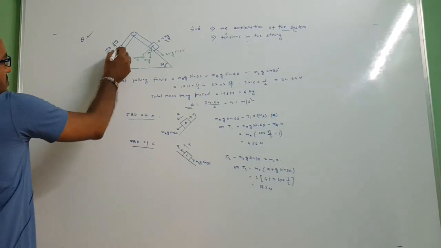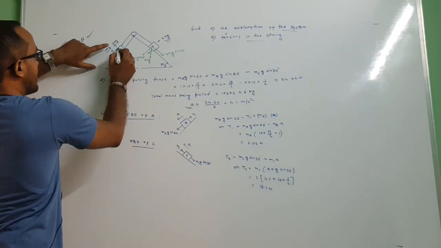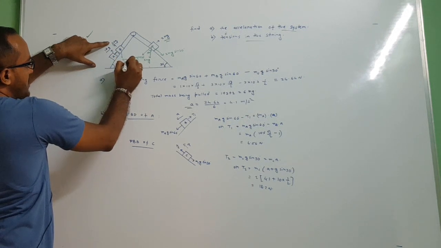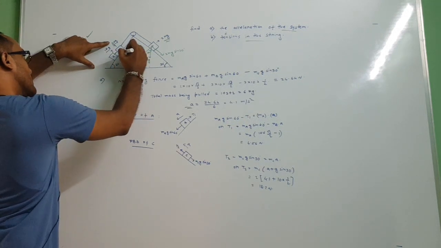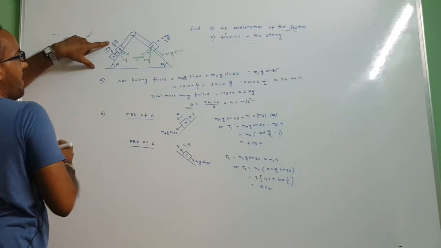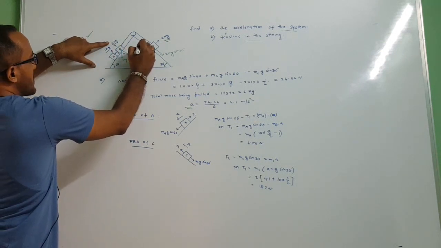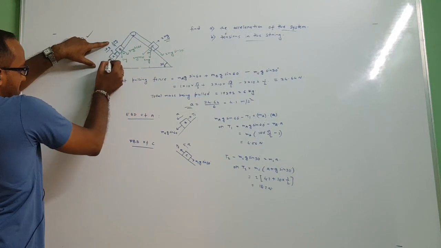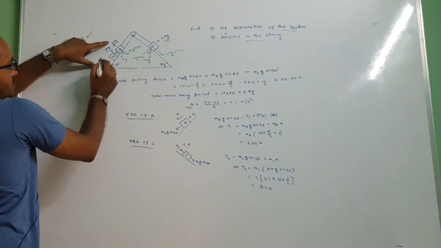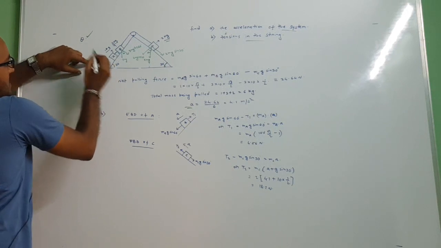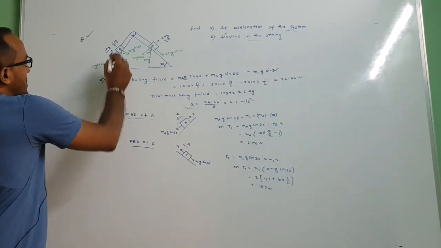Now let us concentrate on this. This is 3 kg, so this would be 3mg. This angle would be 60 degrees, so this would be 3mg cos 60 degrees, and this component would be 3mg sin 60 degrees.